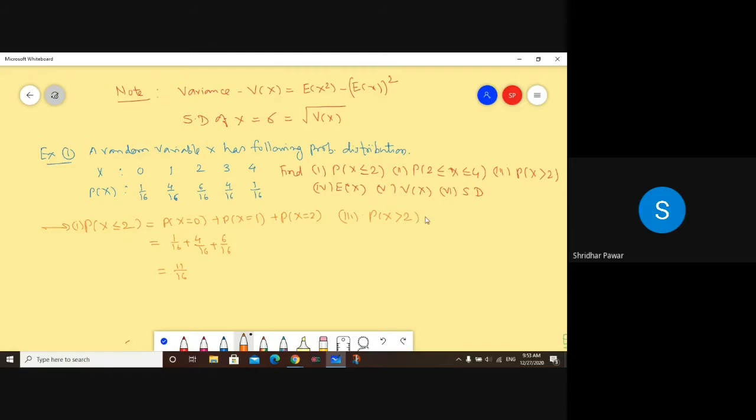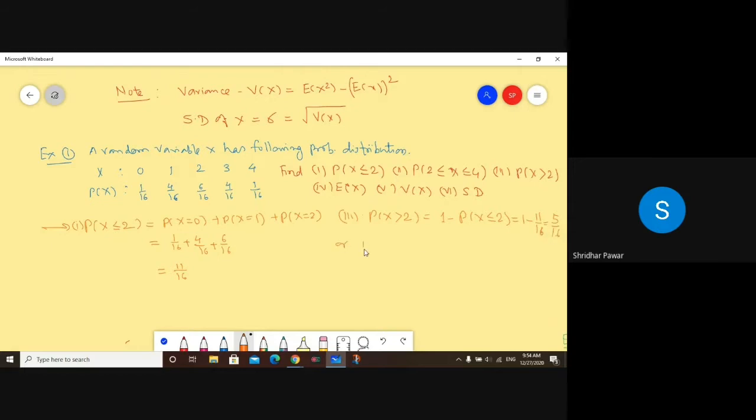You can solve this in two different ways. Either you can do this as 1 minus p of x less than or equal to 2, that is 1 minus 11 by 16. So 16 minus 11 is 5 by 16.